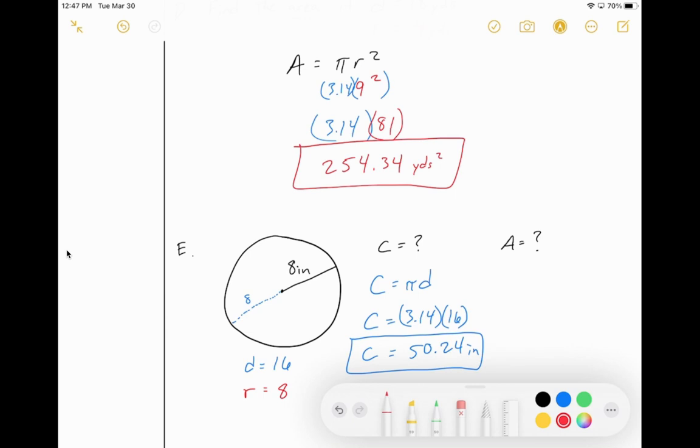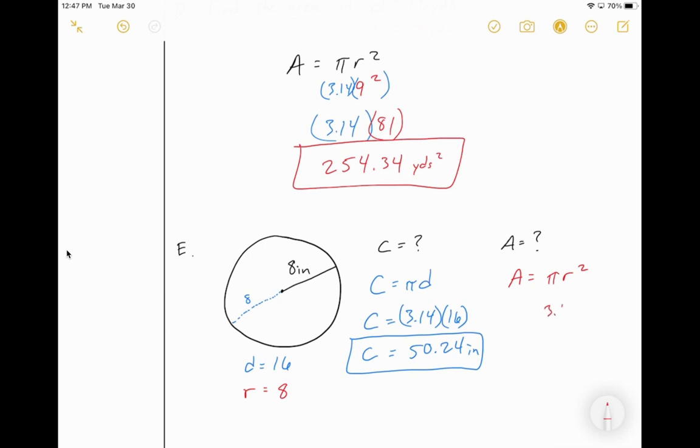All right, for the area, I'm going to say the area is equal to pi times radius squared. Again, I remember squared because I want area. Square blocks make an area. So that's going to be 3.14 times, here's my radius, 8 squared.